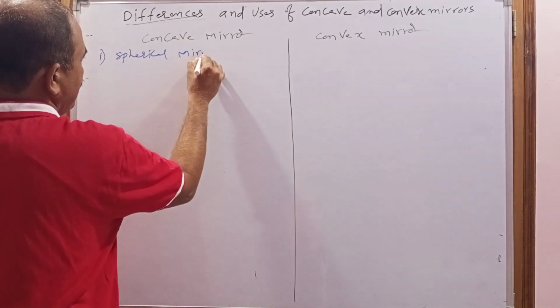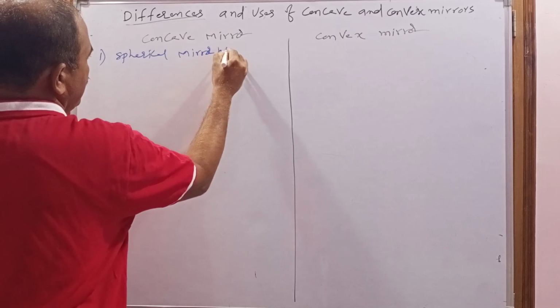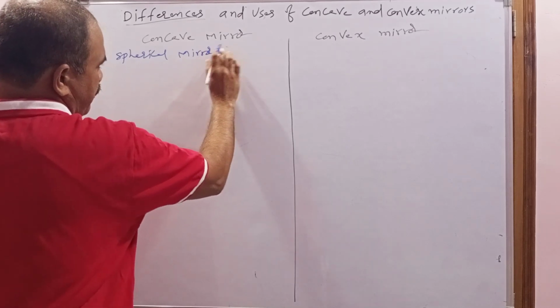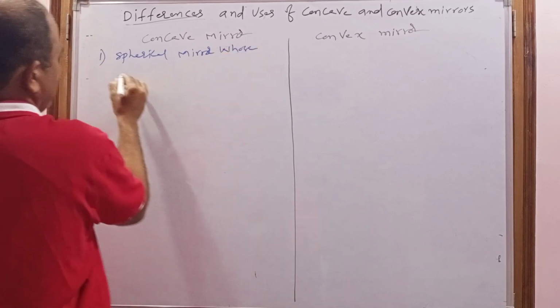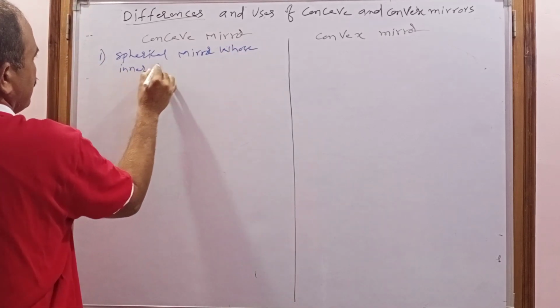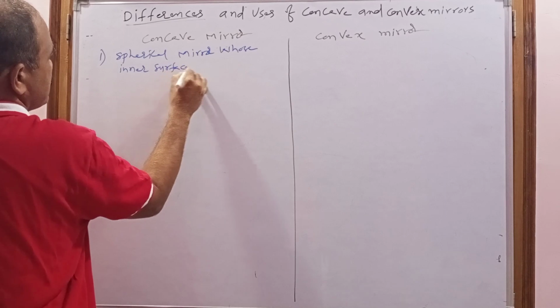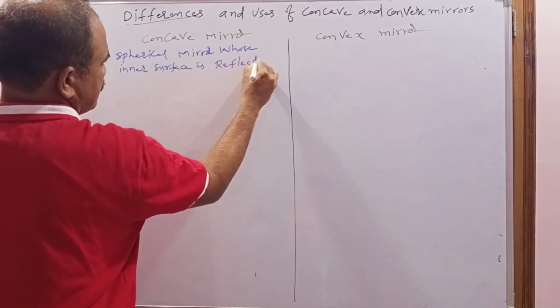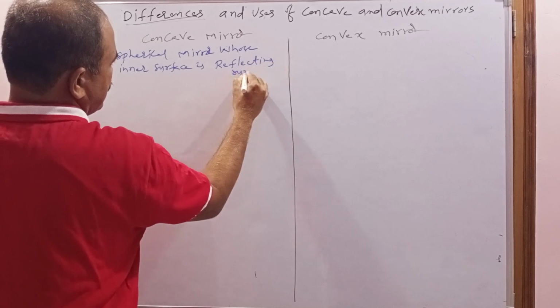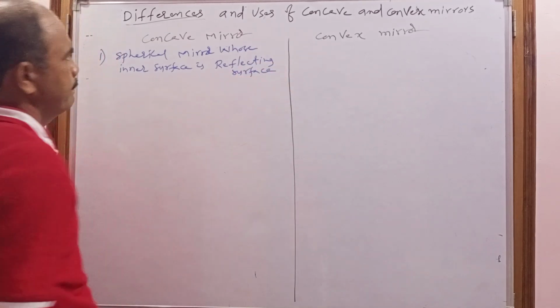A spherical mirror whose inner surface is the reflecting surface. So this is the definition of concave mirror.